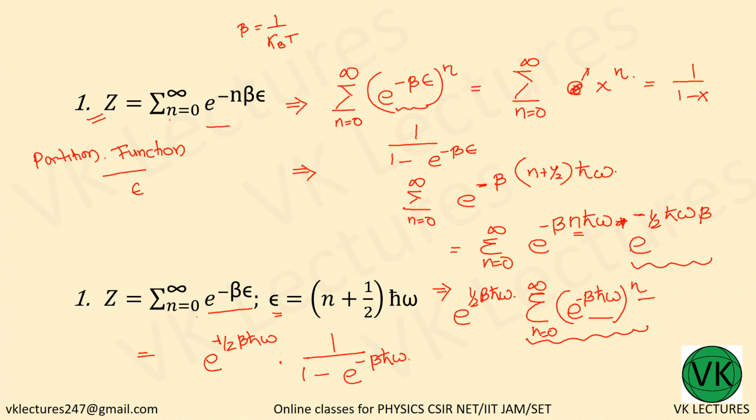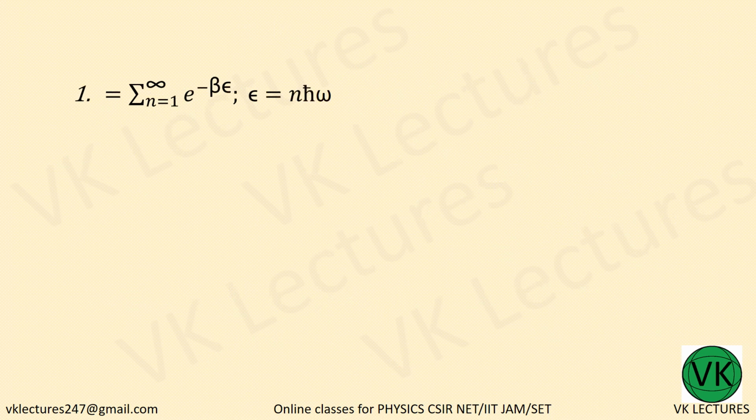Now can you tell me what is this energy, n plus half h cross omega, of which model? Here we have n equal to 1 to infinity.